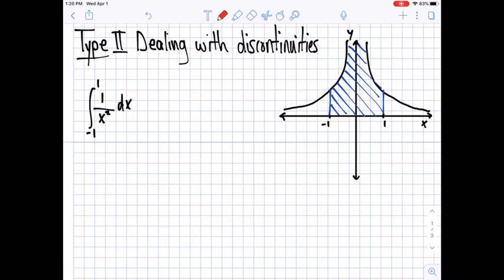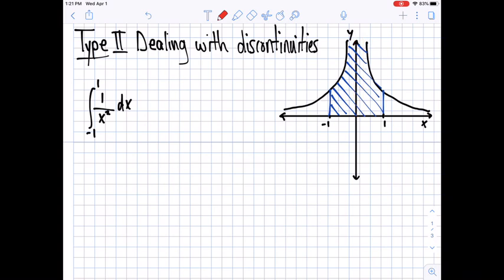So here we have dealing with discontinuities, type 2 improper integrals, and the approach is going to be fairly similar to what we had with type 1. We know that we cannot use FTC2 as is in this case because we have a discontinuity at 0. But what if we stay away from that discontinuity?